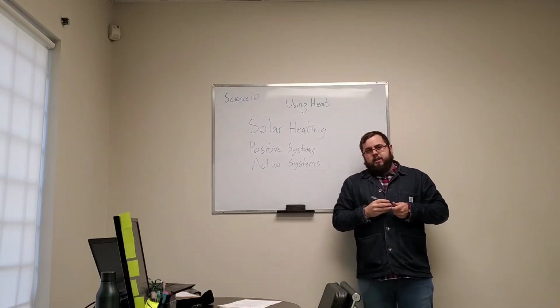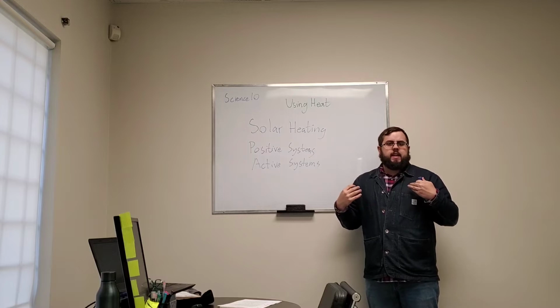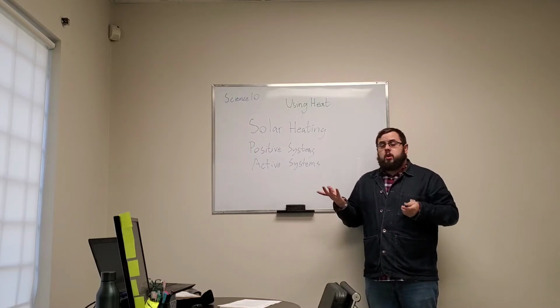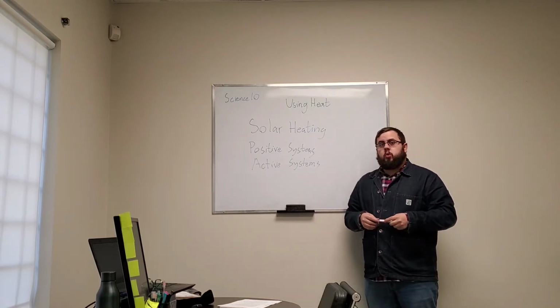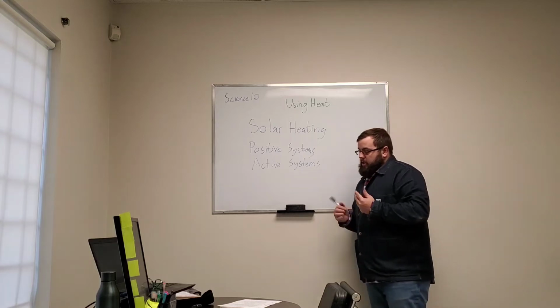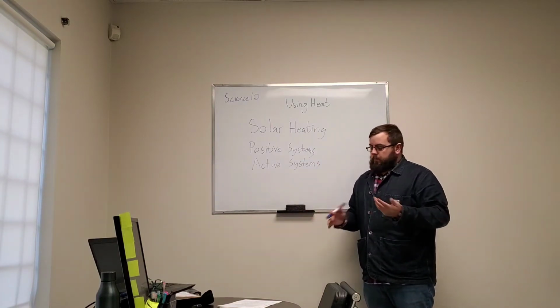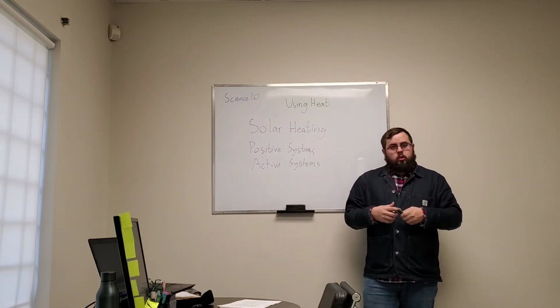Okay, and a passive system is just letting the rays in, the sunlight in, and letting that just kind of warm up the space, right? So windows would be a passive system for solar energy, right? The windows are there, lets the sun in, warms up the room. An active system is one that uses solar collectors, right?